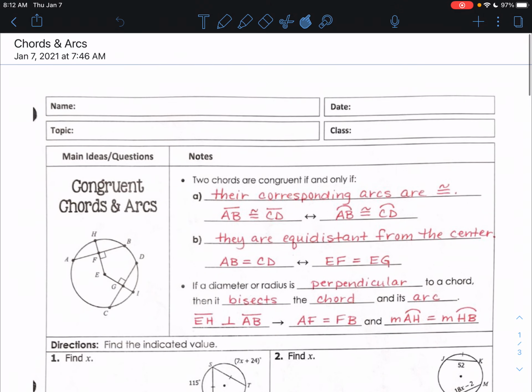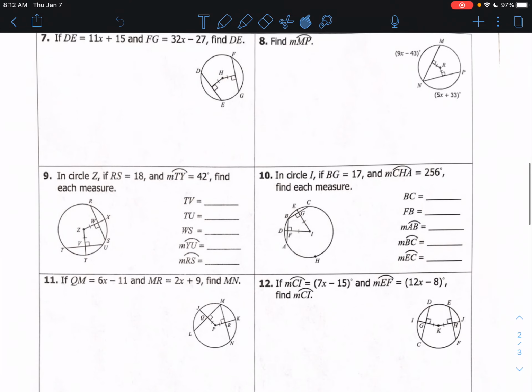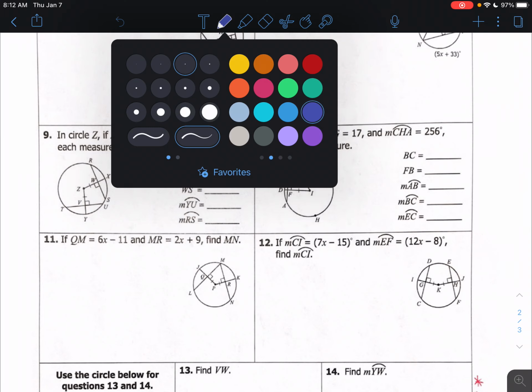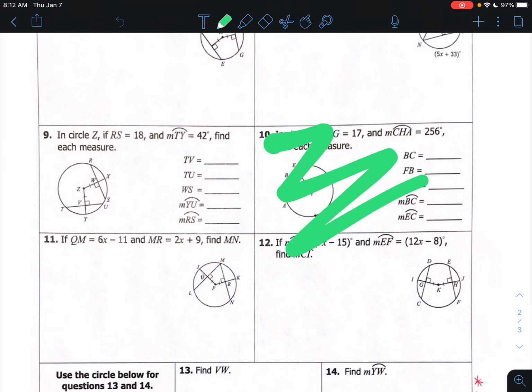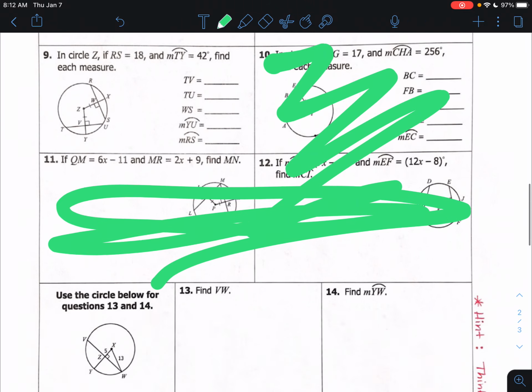You only have to go up to question number 9. Don't do past number 9. I'll go ahead and cross out everything after 9. So don't go past 9.